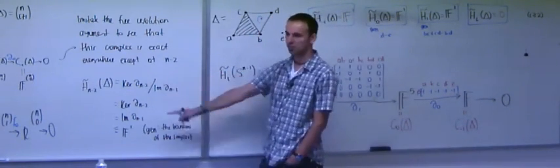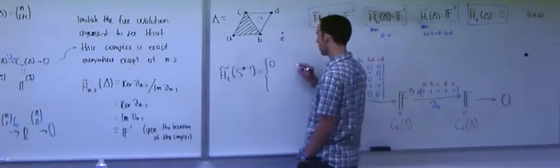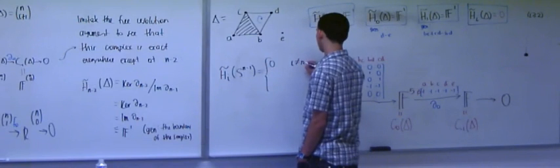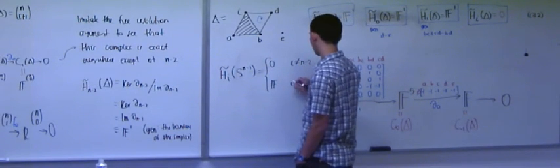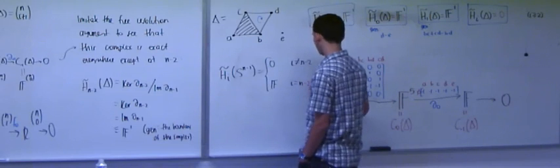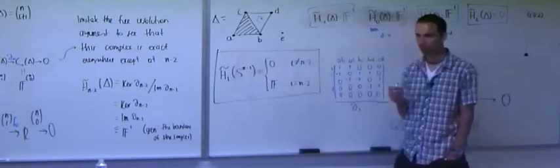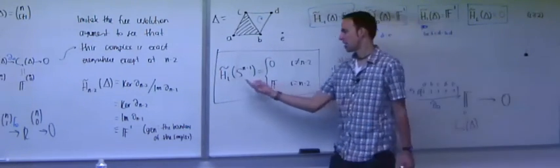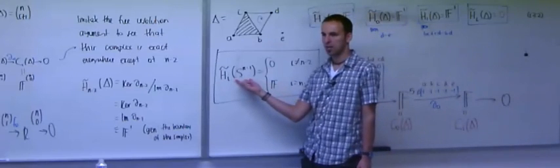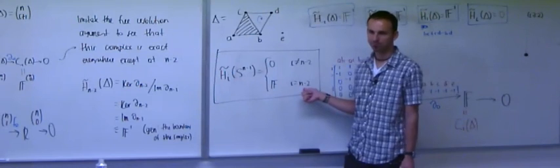The only one that is not 0 is this one. 0 for i different from n minus 2. And here we just get f for i equals n minus 2. Which kind of makes sense because basically we're saying that the n minus 1 sphere has exactly one hole and that hole occurs in dimension n minus 2. Okay.